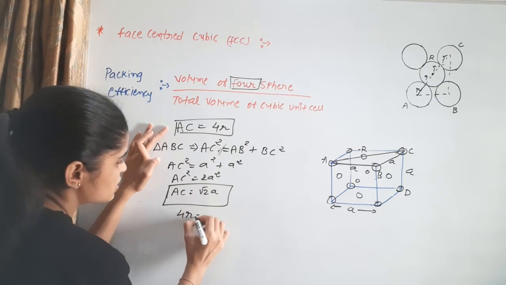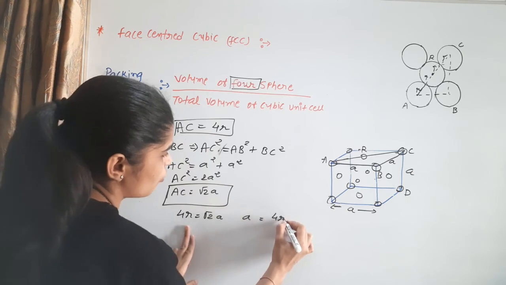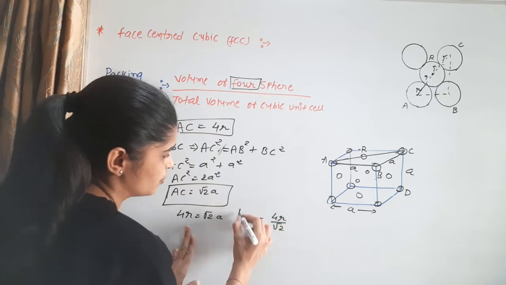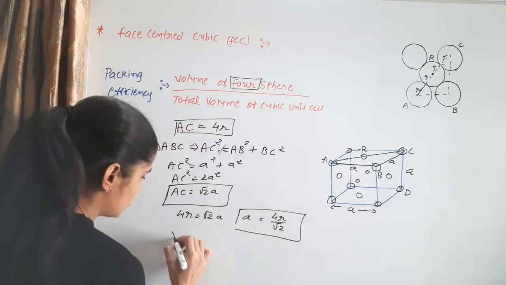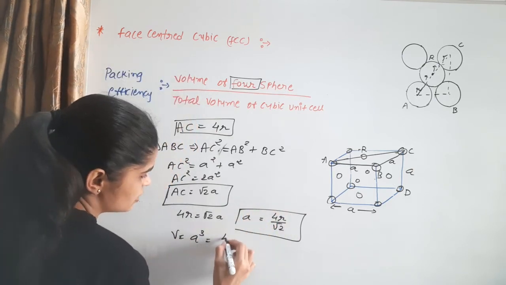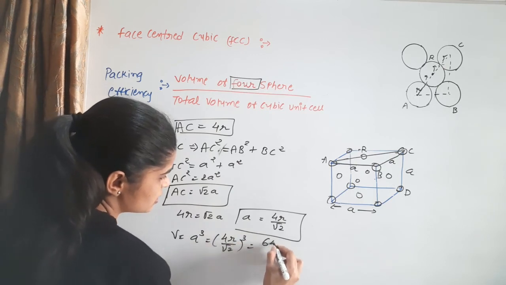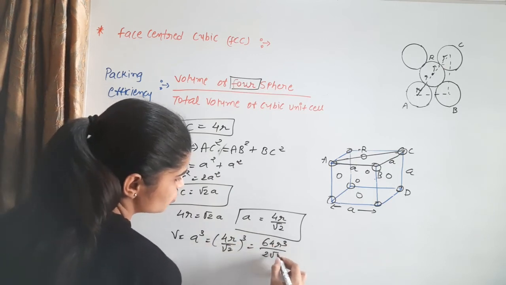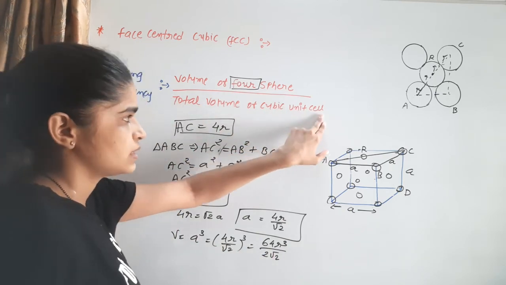So 4R is equal to root 2 A. That way A is equal to 4R by root 2, and A cube is equal to (4R by root 2) cube, which is 64R cube upon 2 root 2. That is the total volume of the cubic unit cell.